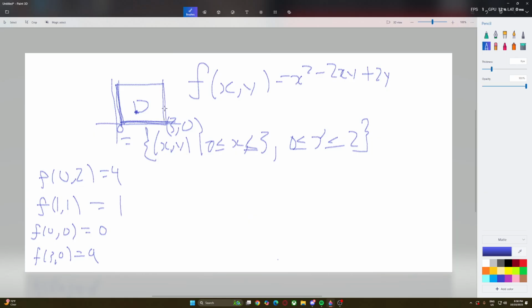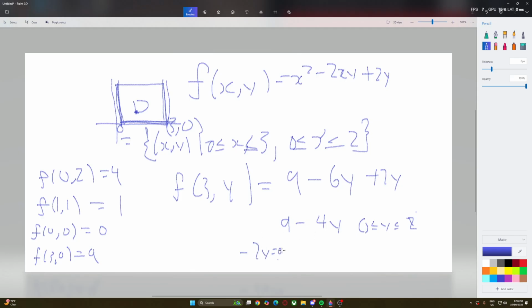Alright, now we have to do this side. So f(3, y) is equal to 9 minus 6y plus 2y, so that's equal to 9 minus 4y, between 0 and 2. If we take the critical point, we get negative 2y equals 0, and that's still the critical point at 0.